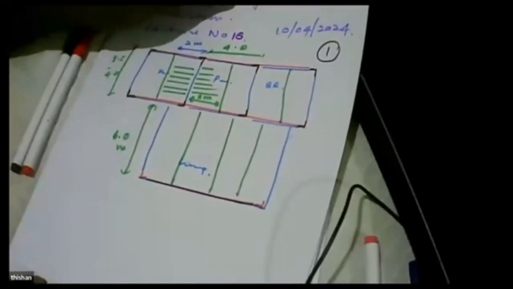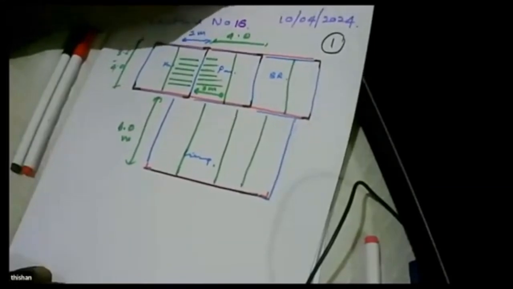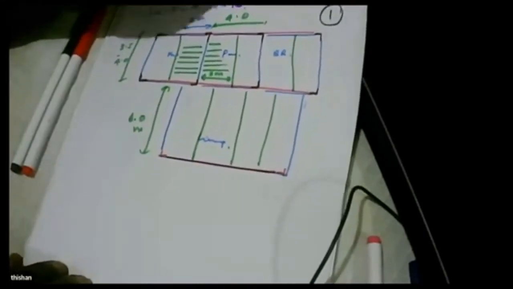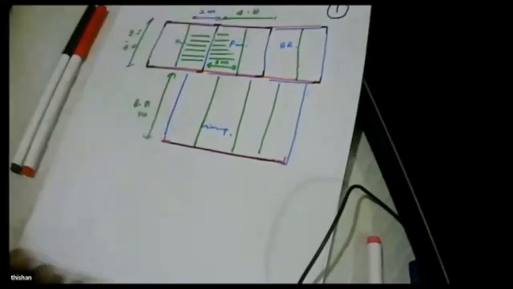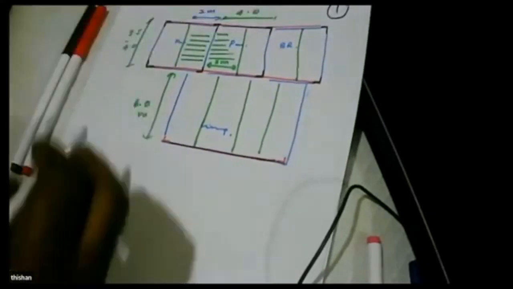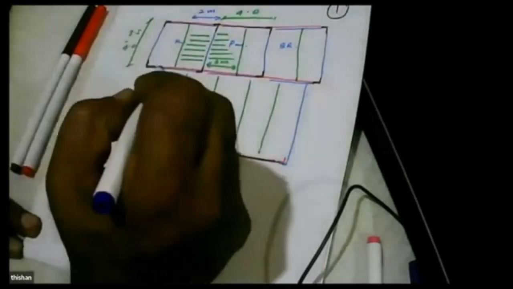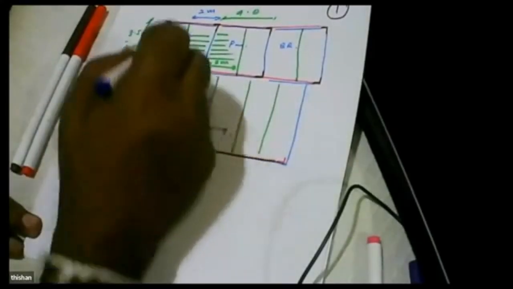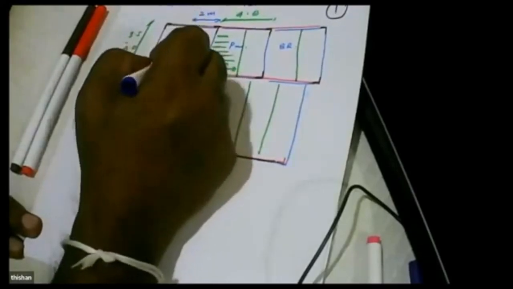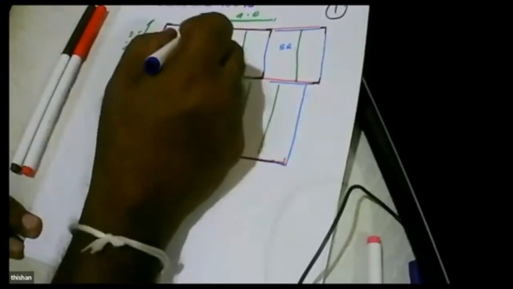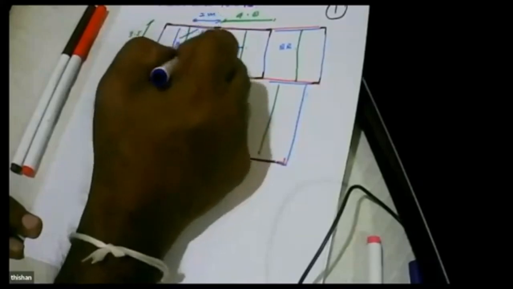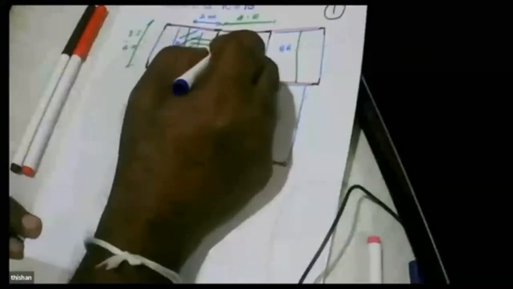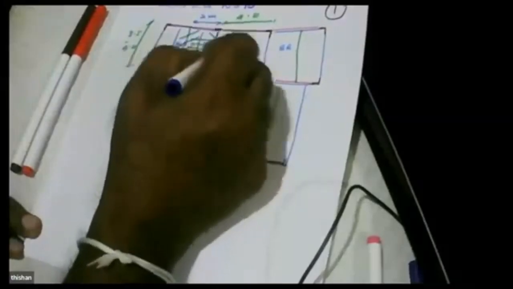You can see that the masonry wall will carry the weight of these slabs, and in doing so we are transferring about half the load onto the concrete beam, half the load onto the masonry wall.